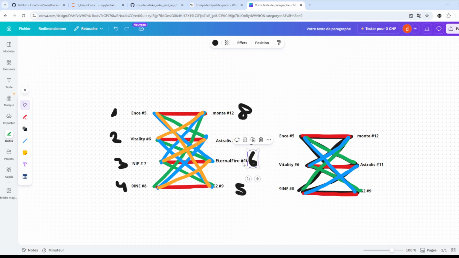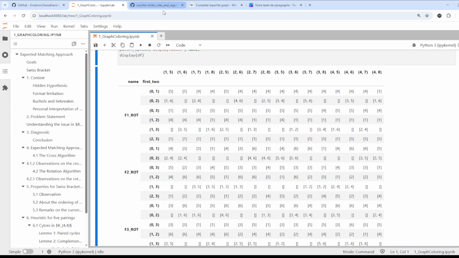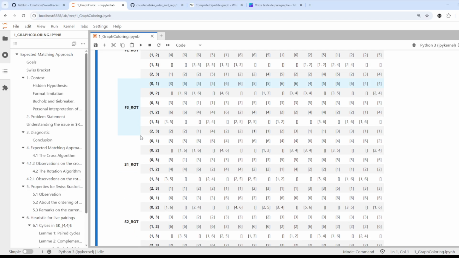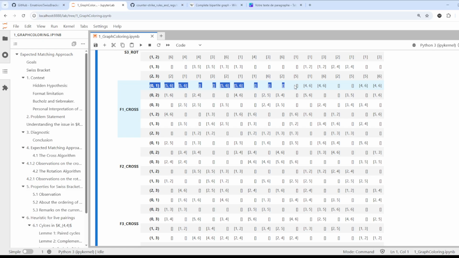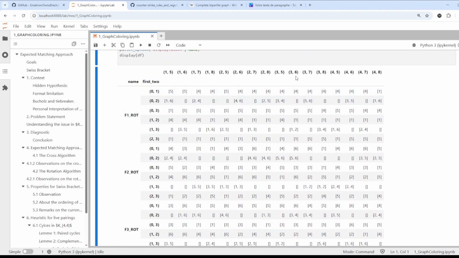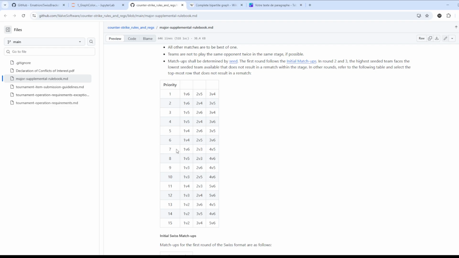We're in the scenario 3, 6. Yeah, it's 3, 6. If you go to F1 cross 0, 1, you go to the 3, 6 scenario, this column. There are no options. You have to play an unfair pairing. You cannot play one of the 6 fair pairings. There is no valid option.